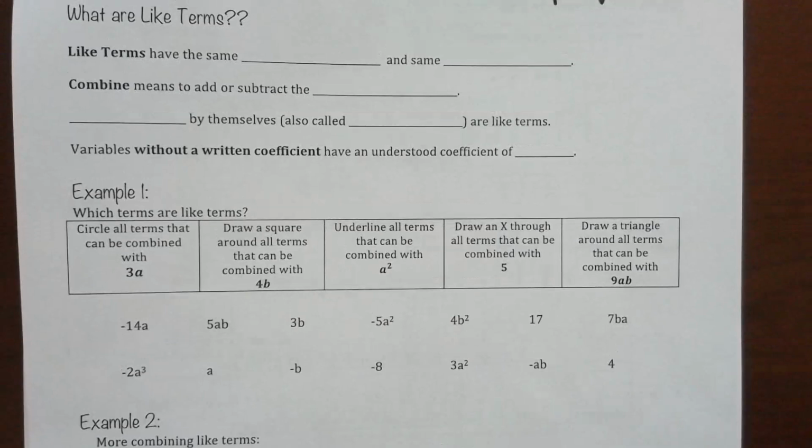They sure are, because if you recall what we did up here with me and Ian, he told me 7BA was still a like term with 9AB, and didn't I tell him that the order does not matter because it's commutative? So does this order matter? No, because it's still commutative. Couldn't I just rewrite this as A cubed B C squared? So how would I combine these?